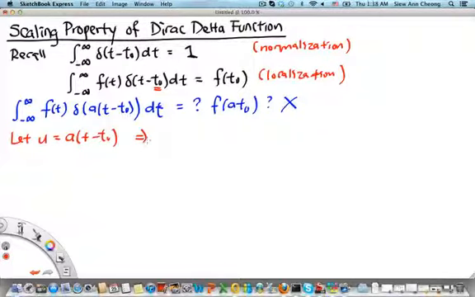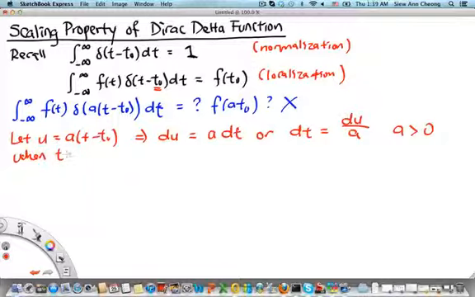Then surely du is equal to a dt, or dt is equal to du over a. Okay, so for now, let's assume that a is greater than 0. Now if a is greater than 0, then when t is equal to minus infinity, u is also equal to minus infinity.